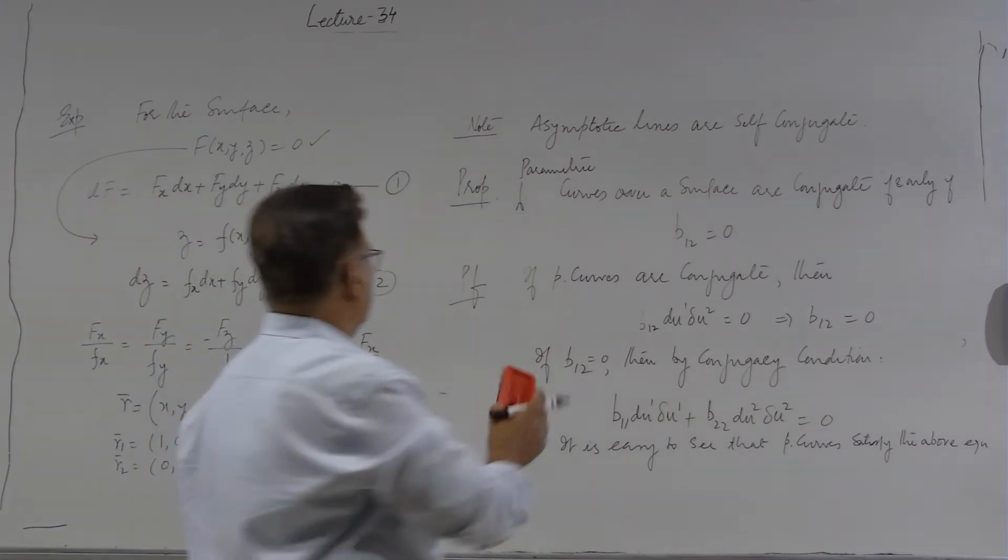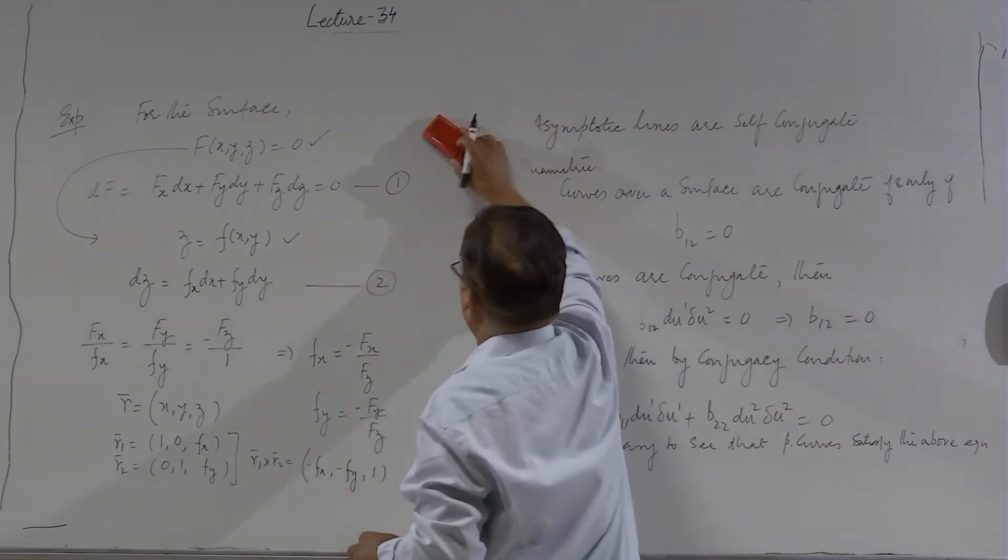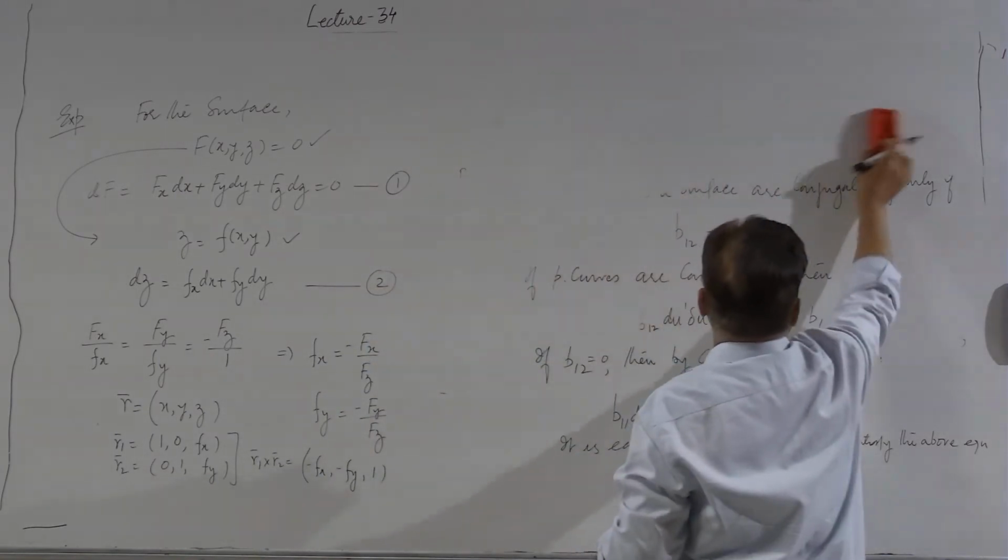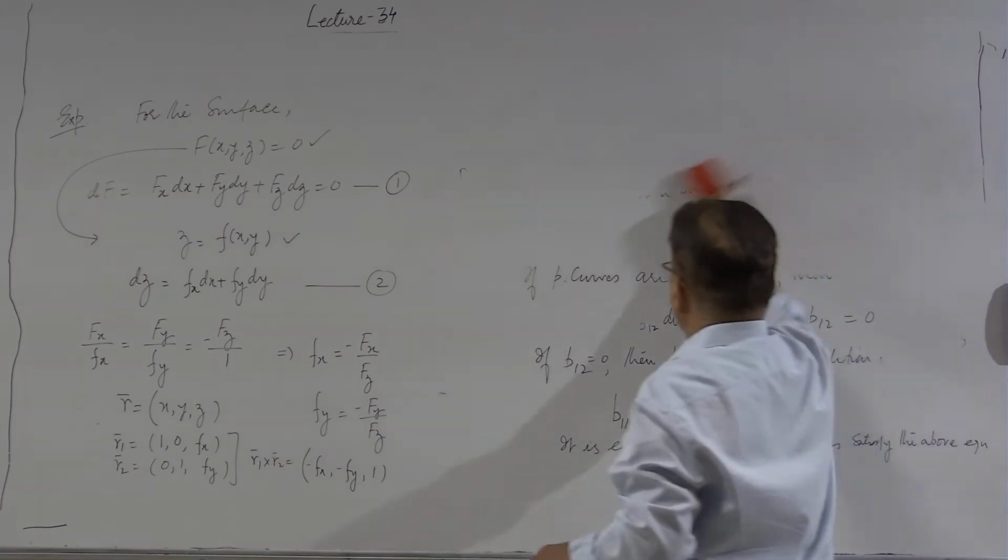And therefore, I can write down the normal for the surface represented in implicit form.